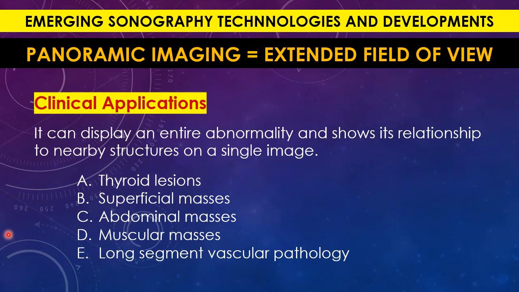So what are the clinical applications of panoramic imaging or extended field of view? For example, organs like the thyroid, which are small, I need to get the whole organ in one field of view. So this is one thing. So thyroid, superficial masses, like for example subcutaneous masses, I might need to see it all over, and this is one of the applications of extended field of view.